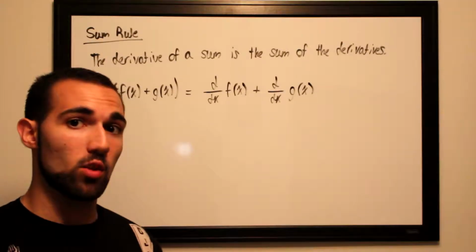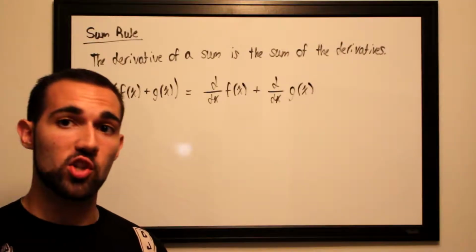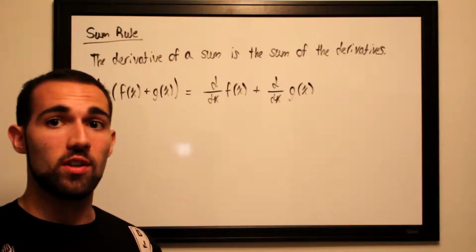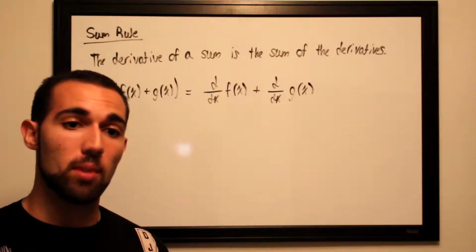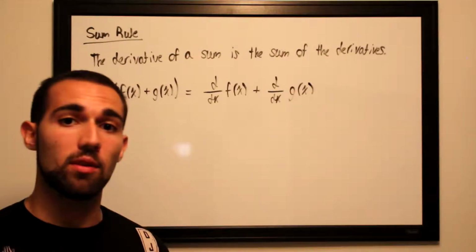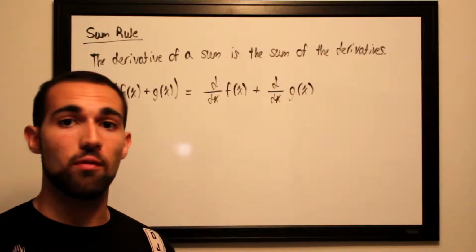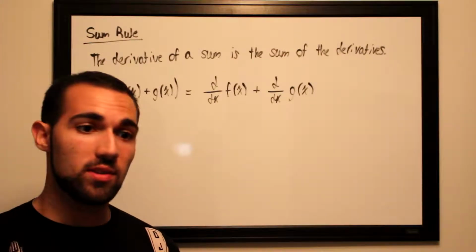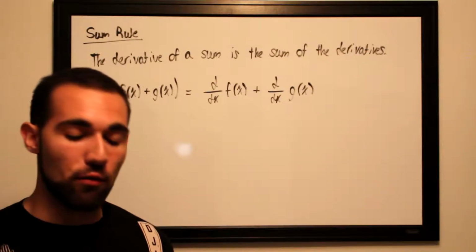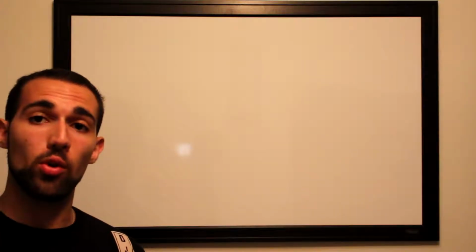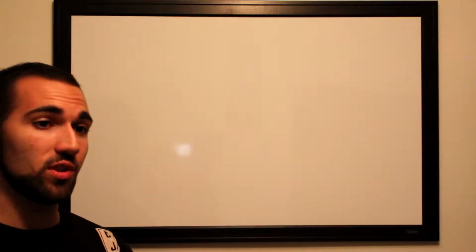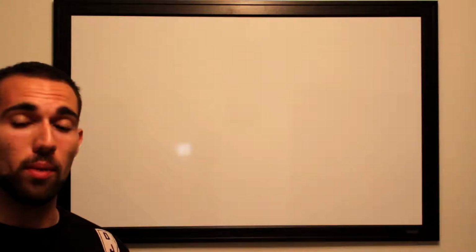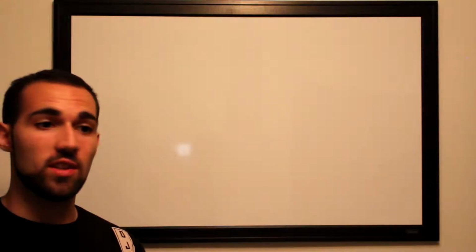If you wanted to take the derivative of a really long chain of additions, then all you need to do is add up their individual derivatives, much like whenever you're taking the limit of a function as x approaches a certain value, you just add up all of the limits, and that's the limit of the entire function. And much like the sum rule, there's also a difference rule, which is pretty much exactly the same as the sum rule, but instead of additions, it's the same concept but with subtractions.